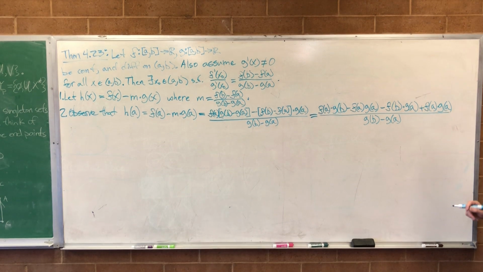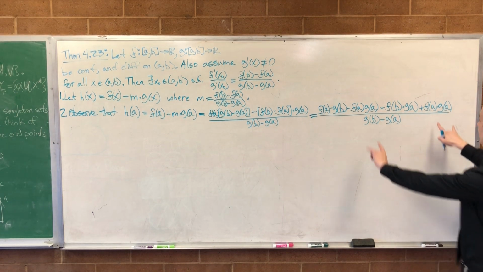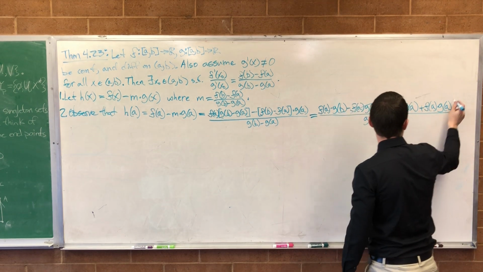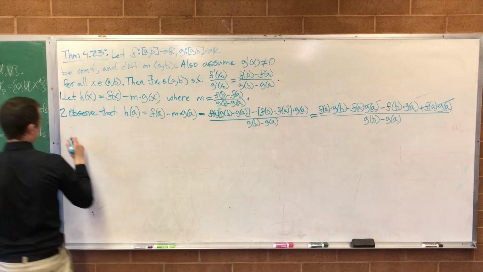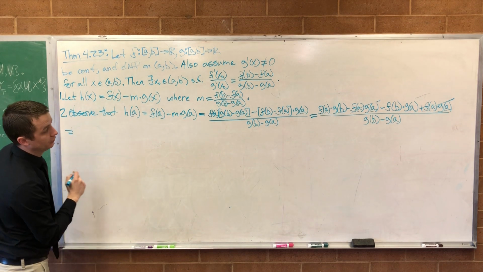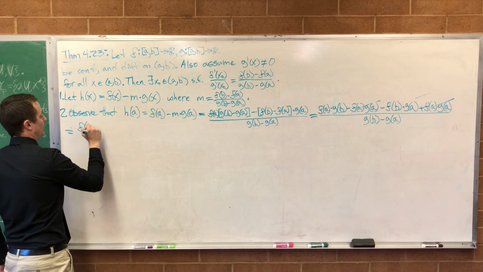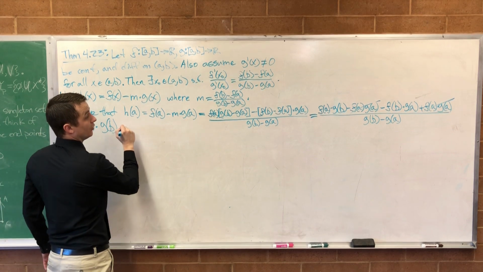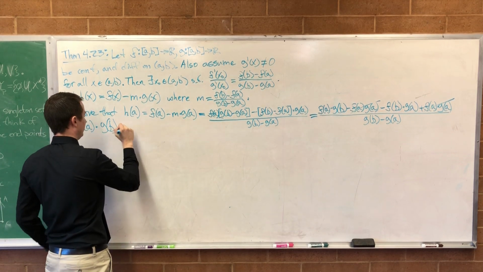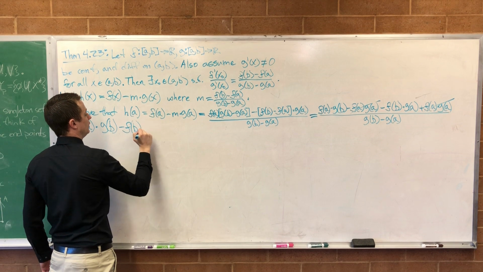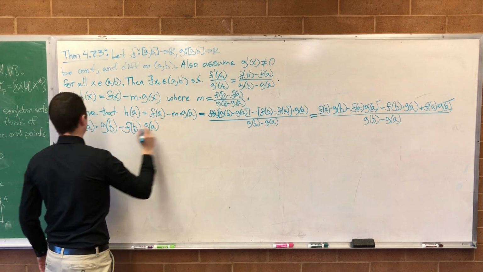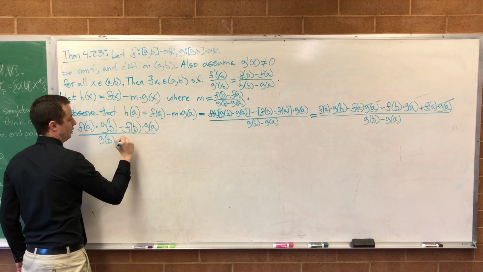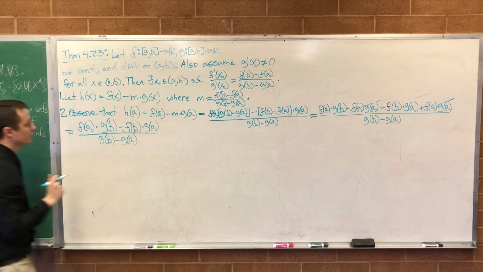And now two of my terms should cancel out. These two terms. So notice that this cancels out with this, and that leaves us with f of a times g of b, should be minus, there it is, minus f of b times g of a, all over g of b minus g of a.